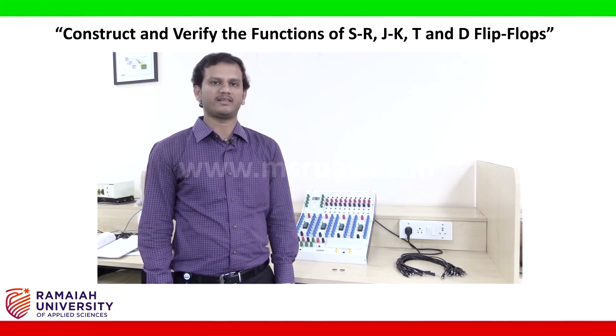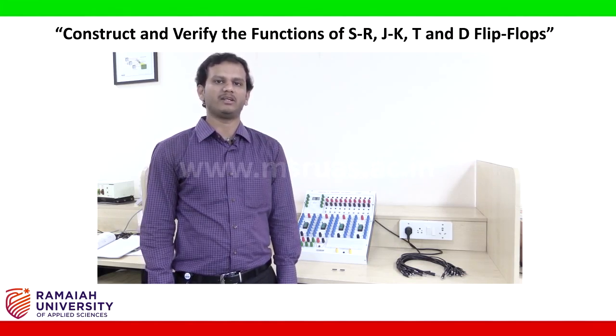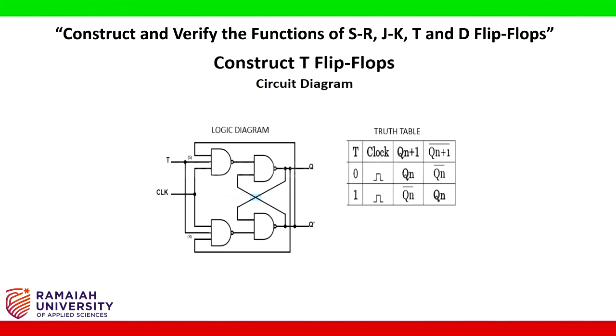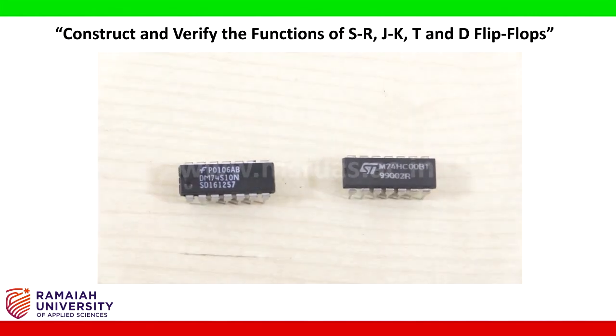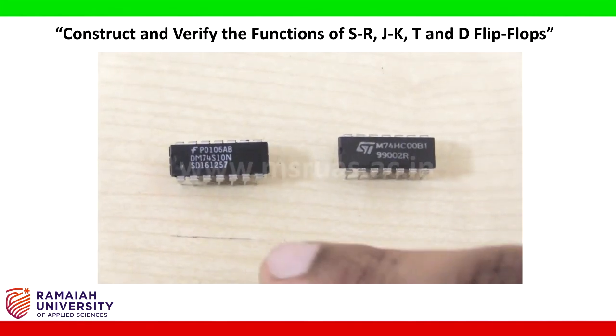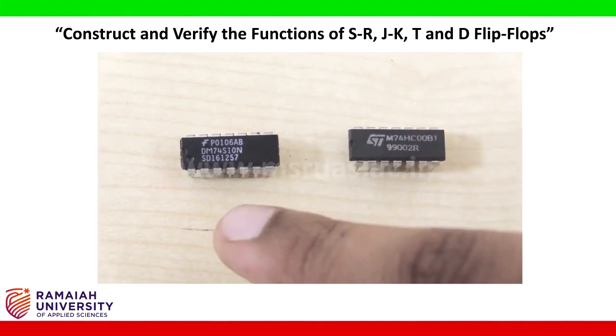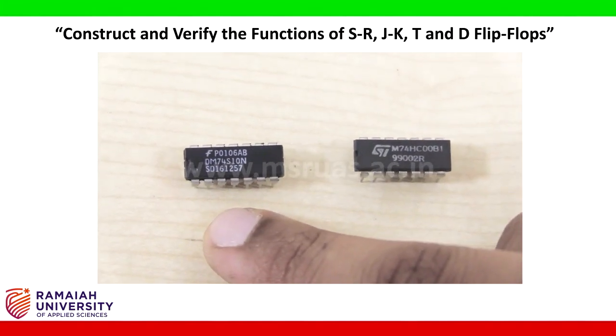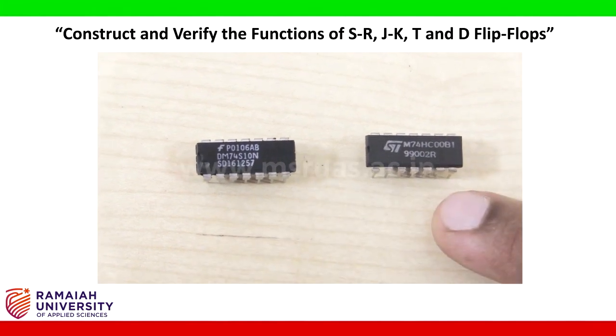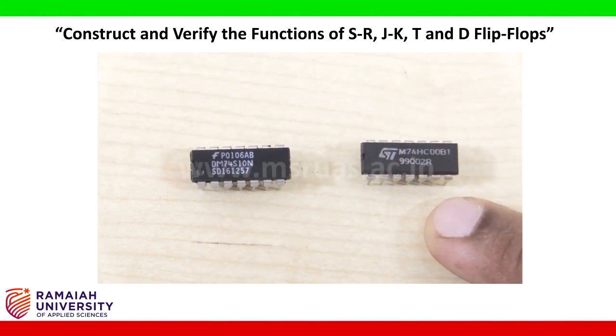Now we will construct and verify the T flip-flop as per the logic diagram. To construct and verify the T flip-flop, we again require two NAND gates. One is the 3-input NAND gate, that is 7410, and another is the 2-input NAND gate, that is 7400.